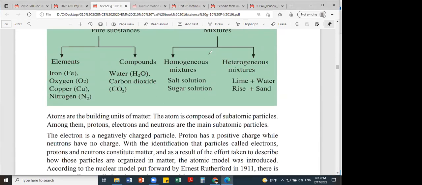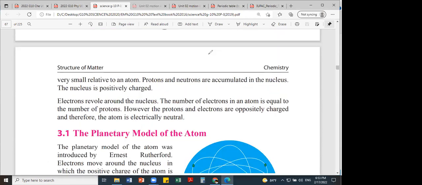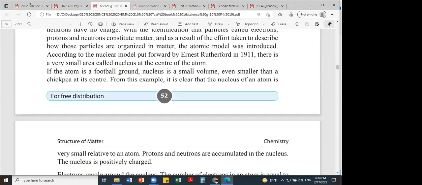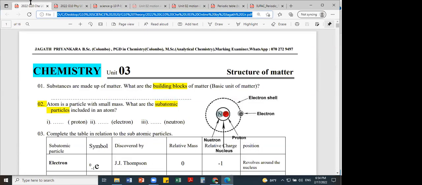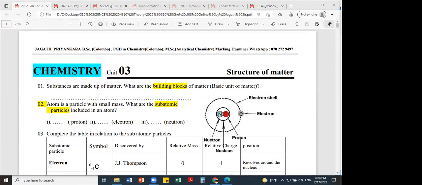Therefore, chemistry is the field of the study of matter and the structure of matter. Now let's move back to the theory again. Look at the screen. If you take matter, what is the basic unit or the building unit of any matter? Any substance made of matter, whether it's solid or liquid or gas.